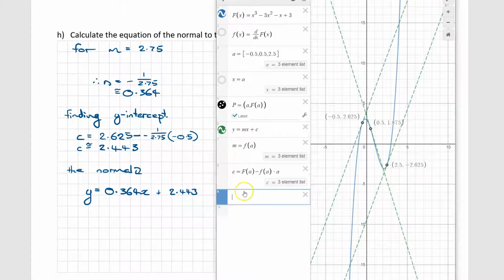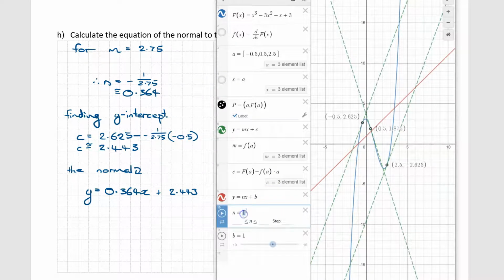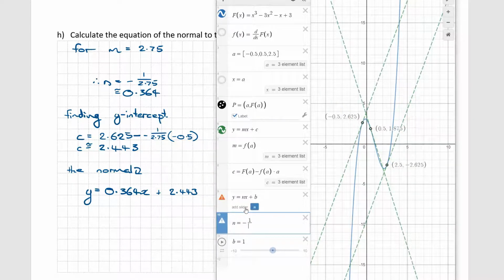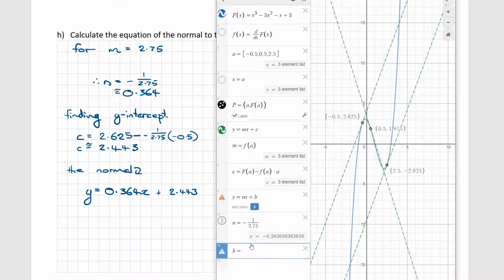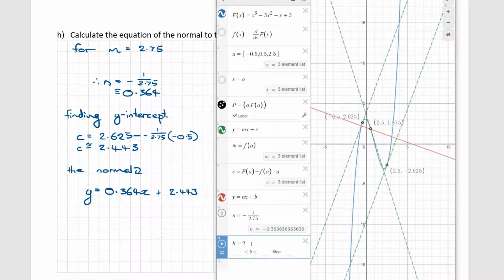We will put it here: y equals nx plus, in this case, b, and our value for n is going to be negative 1 over 2.75 and therefore our b is going to be 2.443, like so.